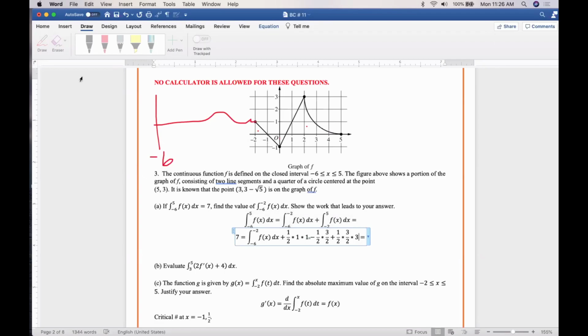Last thing is this area here, between the quarter of a circle. Remember, the center was here. This is a quarter of a circle. The area of a quarter of a circle with a radius of 3 is pi r squared over 4, because I'm dividing the whole area of a circle by 4. But this is not the answer we're looking for, because this is not the integral.